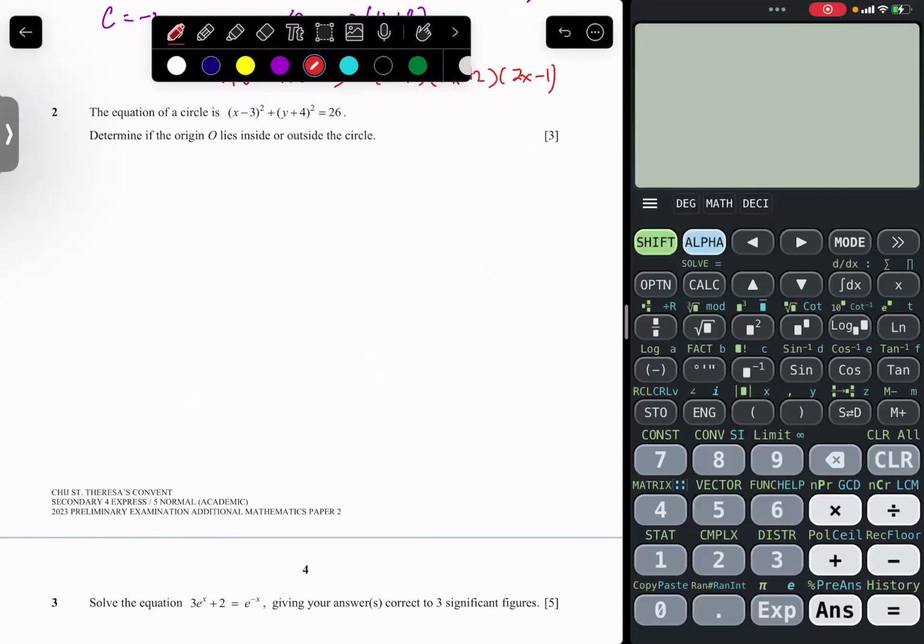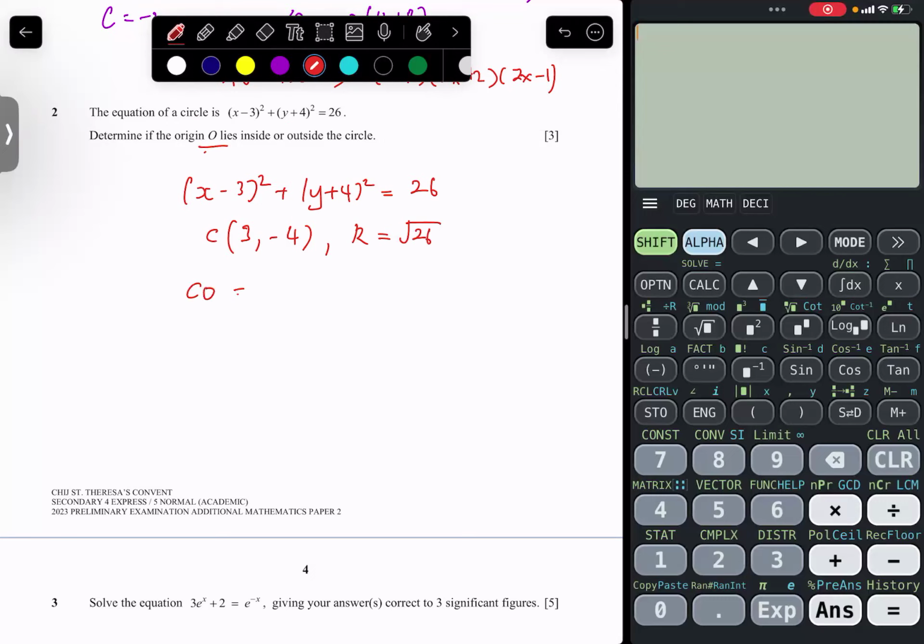The equation of a circle is (x minus 3) squared plus (y plus 4) squared equals 26. Determine if the origin O lies inside or outside the circle. By looking at the equation, we can gather that the center of the circle is (3, -4) and the radius equals square root of 26. Now the origin is the point (0, 0).